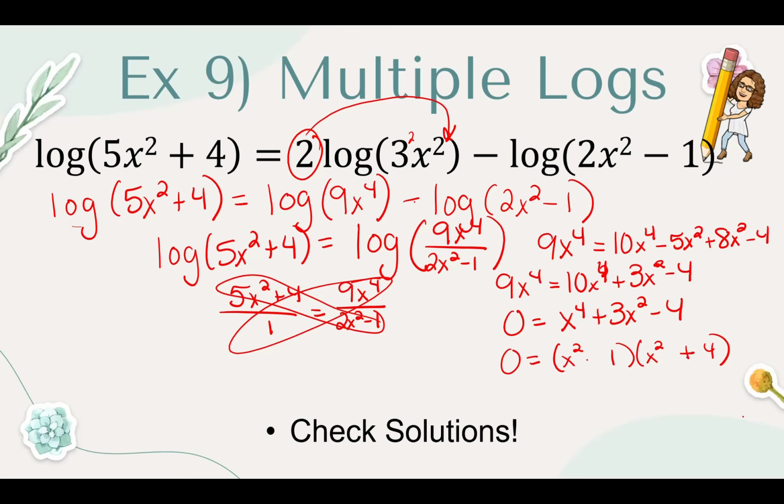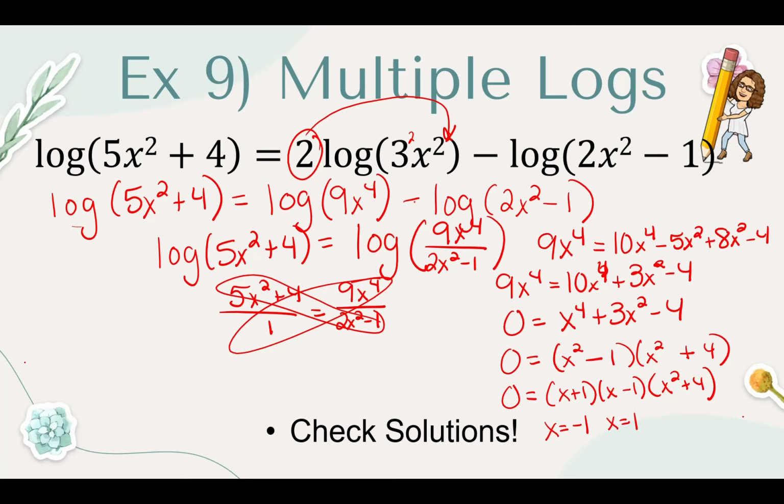Positive 4, negative 1. So I'll get 0 equals, that factors one more time. X squared plus 4 doesn't though, right? So I'll get x equals negative 1, x equals 1.